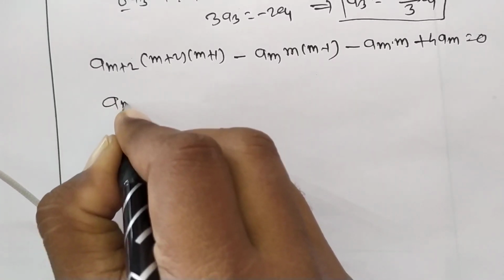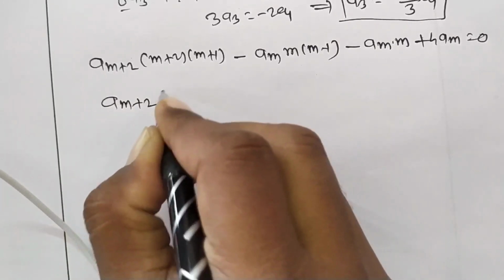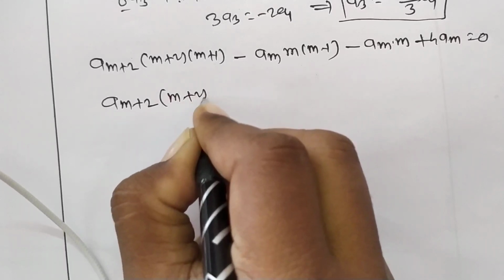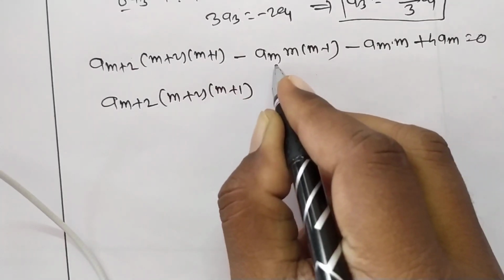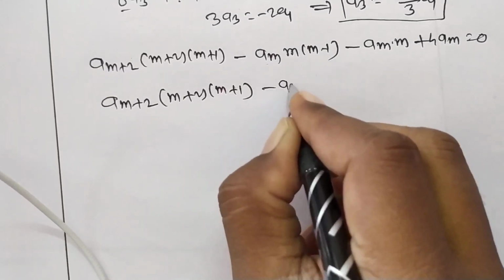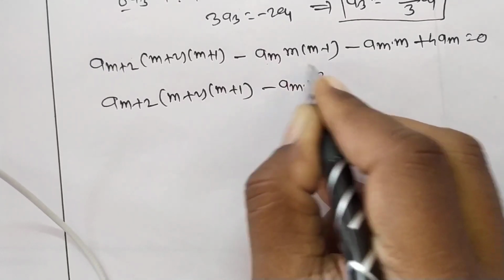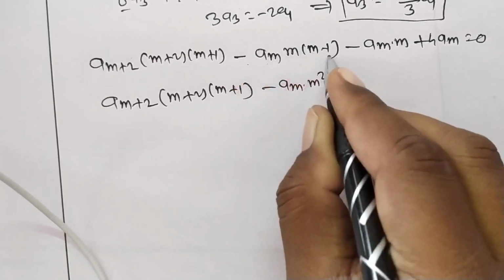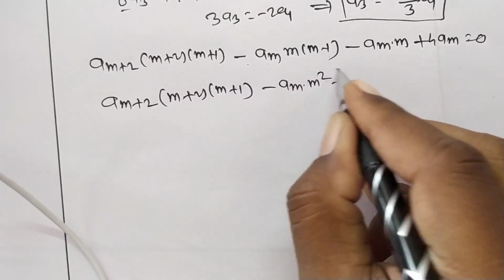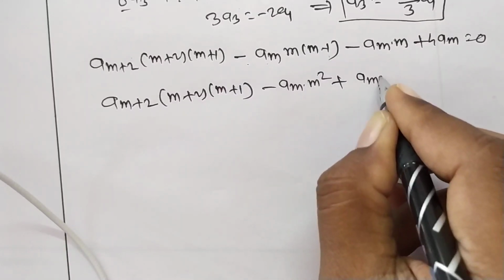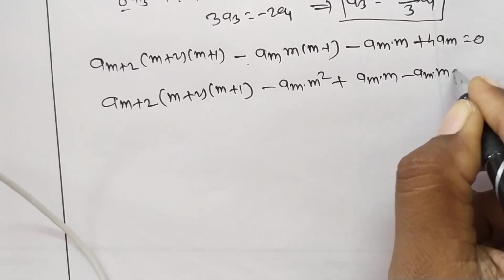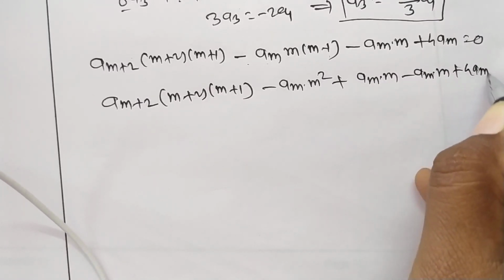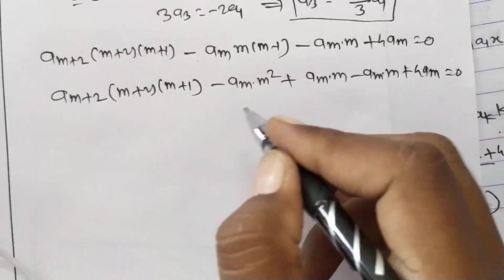This can be written as a_(m+2) into (m+2)(m+1), minus here a_m into m square, minus a_m into m, plus 4a_m equal to 0.